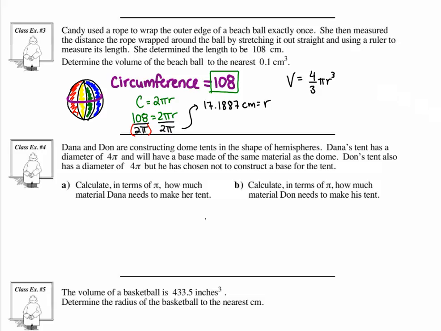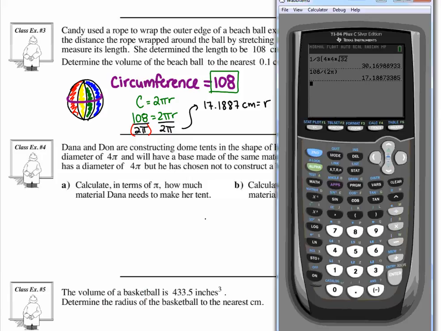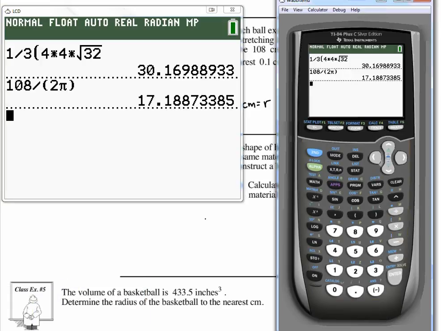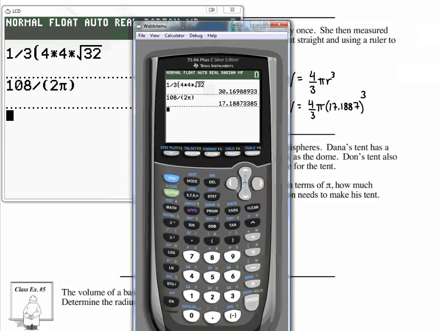Now when I plug this in, I might write 17.2 even, but in my calculator, what do I have to use? The exact value. Okay, we have to use the exact value. So one way on your calculator to do this is we're plugging in 4/3 pi.